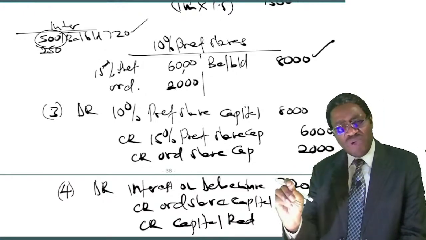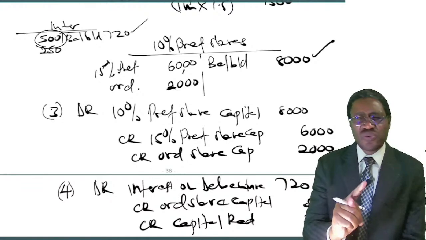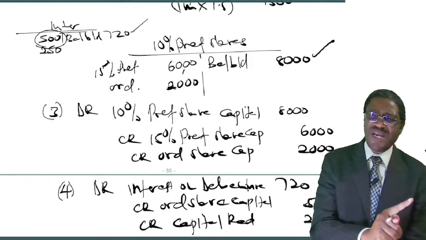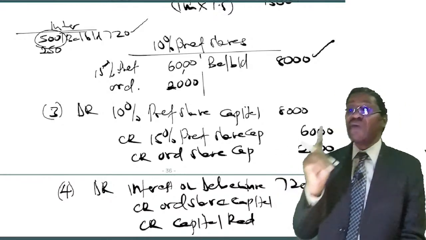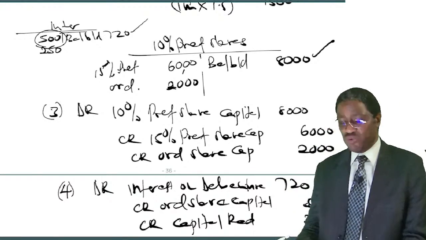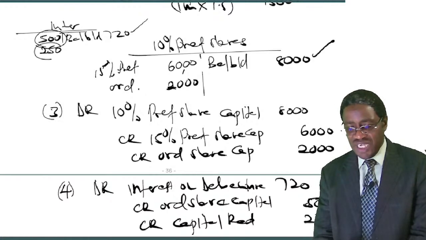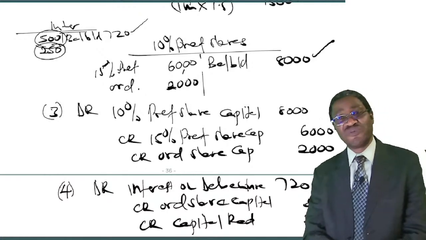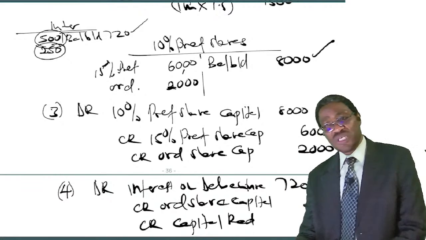Then if I owe them 720 and I'm paying 500 in full settlement, there's a gain. So I debit interest payable by another amount and I credit capital reduction.